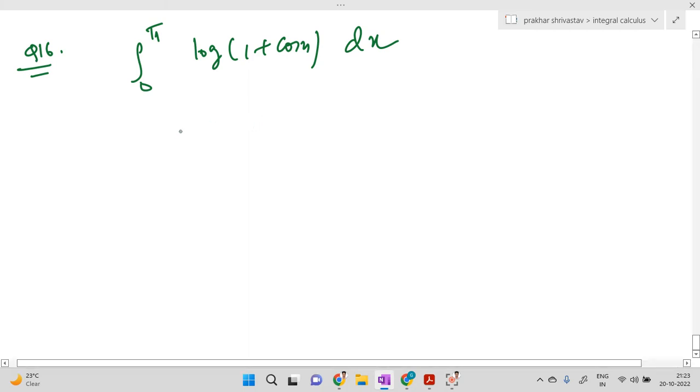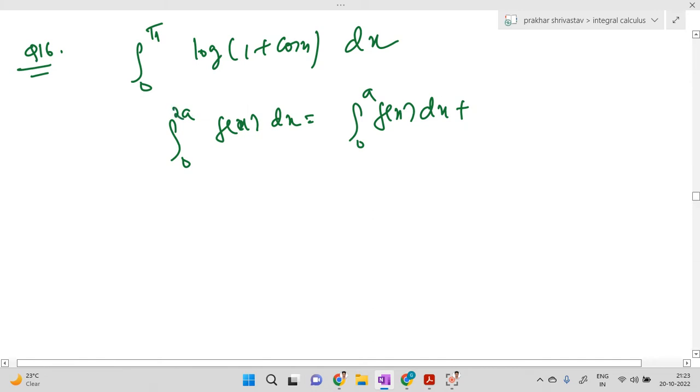So we can use the formula integral 0 to a f of x dx equals to integral 0 to a f x dx plus, wait, it is not a, it is 2a, right? Yes, the formula of 2a.